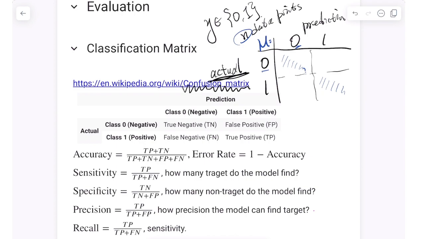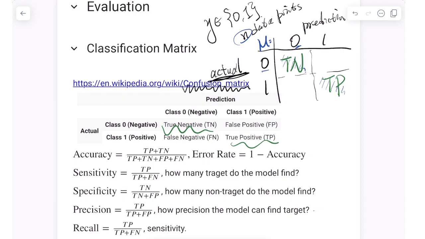We put the count of data points in this cell and this cell, and they have names: true negative and true positive. So in these two cells, you do the right thing, 0 to 0 and 1 to 1.